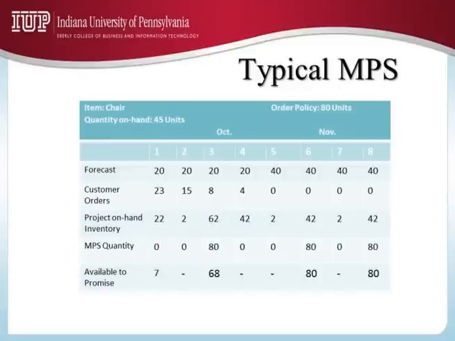Okay, now let's calculate the projected on-hand inventory. The key here is projected, that is expected. This is like forecast. That is, you forecast to have an inventory of these quantities. So let's see how we got those numbers. What is my initial inventory? We know that it is 45. So I started off with 45.